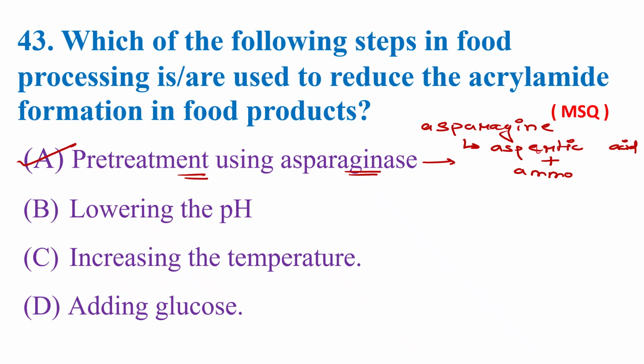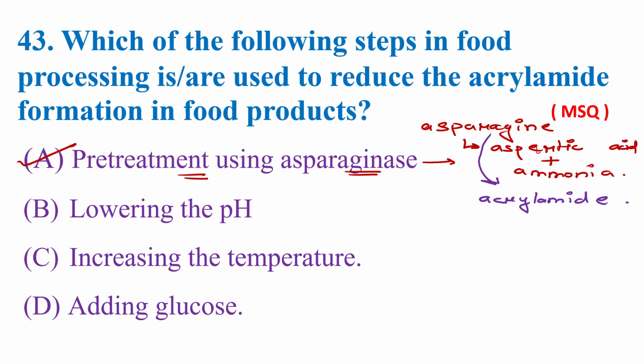Now this asparagine is a precursor for the acrylamide formation, and it directly reduces the acrylamide formation. Now it is widely used in potato chips, bakery products, so this is true.